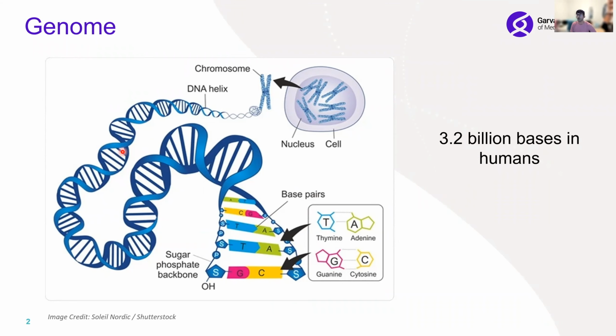The human genome is totally 3.2 billion bases. To write it as a sentence full of A's, C's, T's and G's, they say that it will span from Singapore to Australia. The font size, I don't know what they measured that.